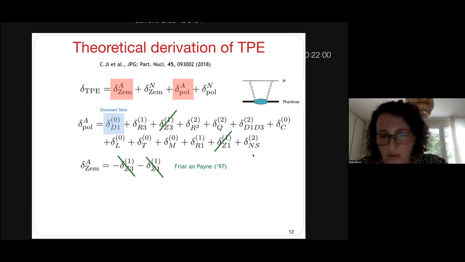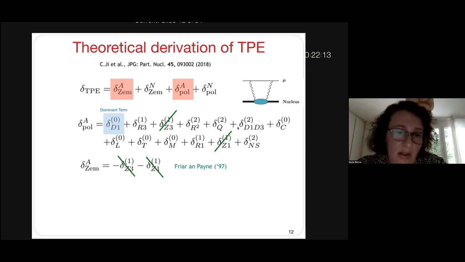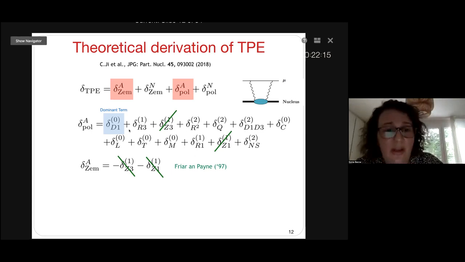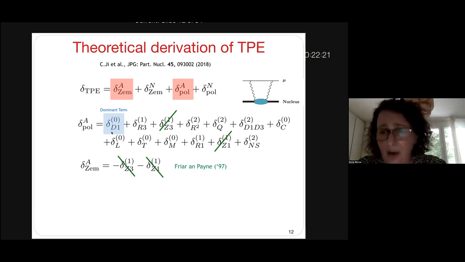The names are related either to this expansion in eta, the number 0, 1, 2, where 0 is the leading order expansion, or the higher order terms. And the other letters basically refer to operators. We have dipole, quadrupole, etc. The first term, delta 0 d1, the dipole, is by far the leading term.